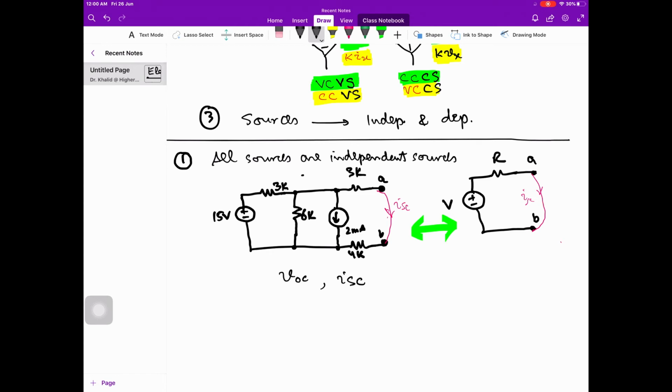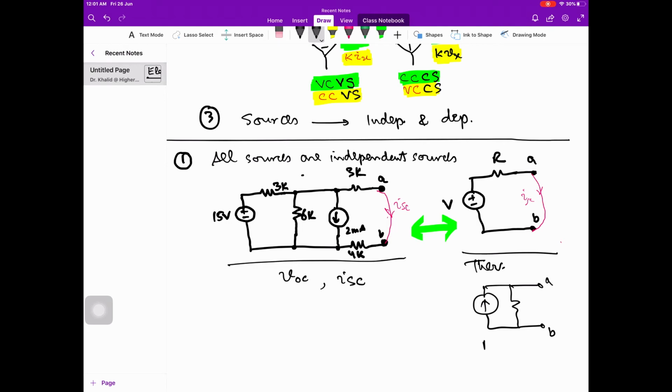if the V open circuit and I short circuit of these two circuits are the same, these are equivalent. And if we have a voltage source and a series resistance, this is the Thevenin equivalent circuit. And if we have a current source and a resistance over here such that the conditions of both V open circuit and I short circuit are met, then this will be known as the Norton equivalent circuit, and this resistance will be Rn and this current In, and in Thevenin this will be RT and VT.